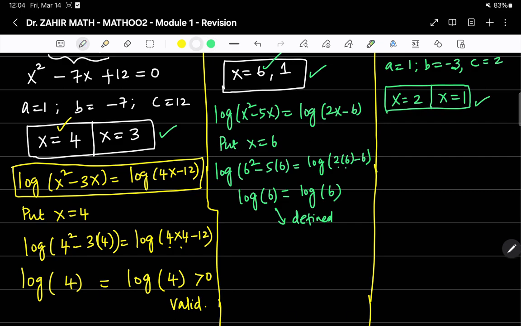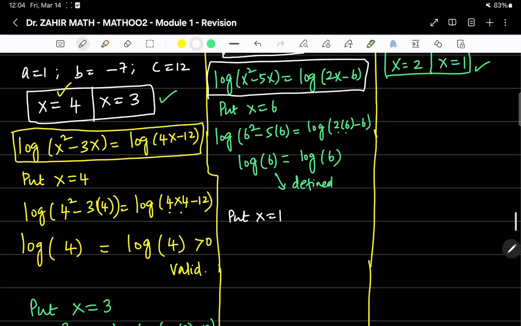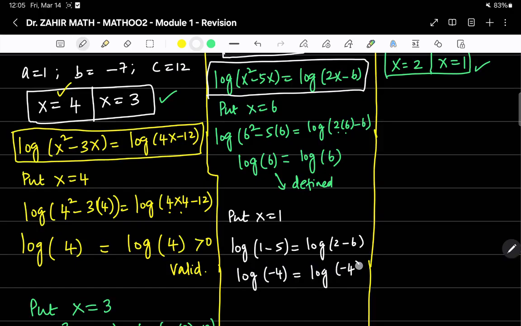Let's try x is equal to 1 now. So in the same equation, you put now x is equal to 1. When I put x is equal to 1, log of 1 square minus 5 is equal to log of 2 minus 6. So this comes log of minus 4, and log of minus 4.